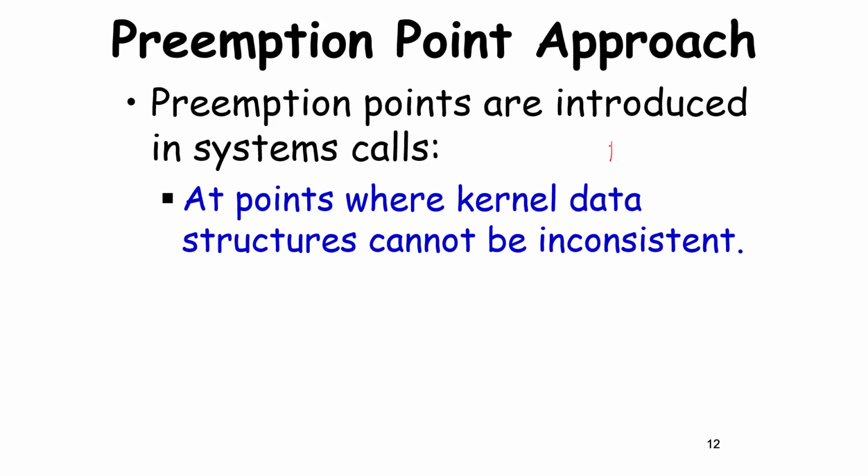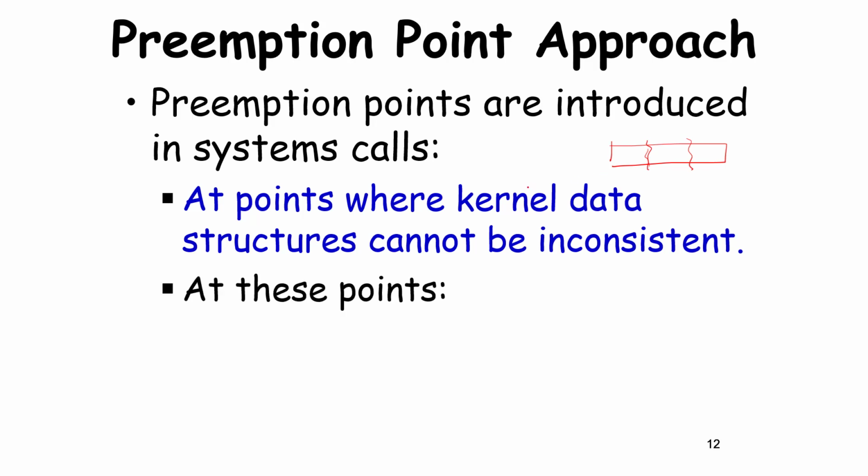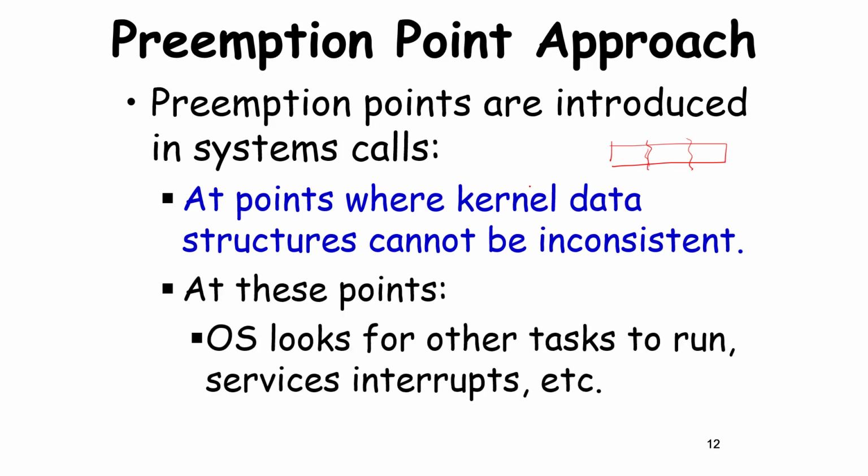Instead of making the kernel preemptible at every point, we have fixed preemption points at which a preemption is possible. At these points, the operating system will look for other tasks to run, for example system services, subsystems, interrupts, and so on.